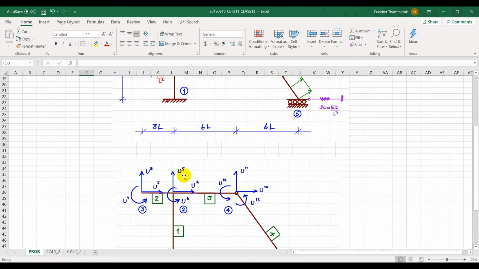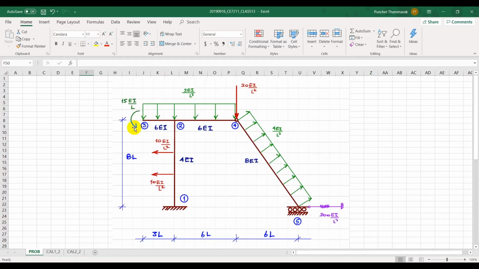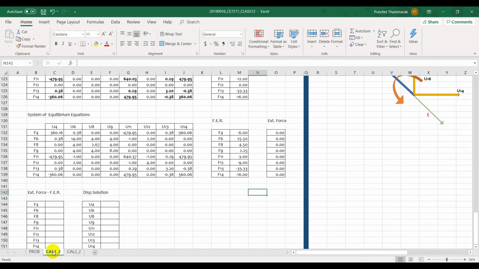So these are the degree of freedom number 9 and number 11. Number 9 it is positive as it is counterclockwise. This is negative as it goes downwards, which is opposite to the positive y direction. So number 9 was 15, and here is number 11, it is minus 20.